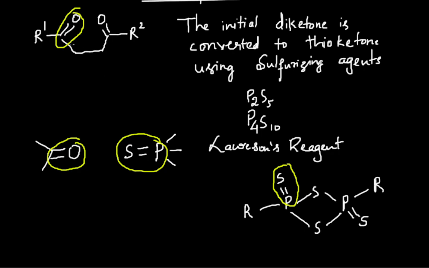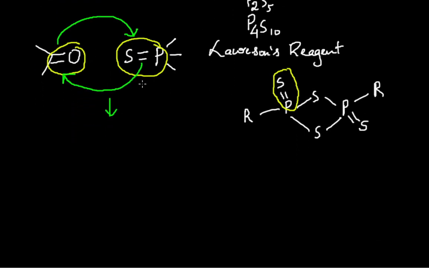That's what I have shown here. First the oxygen will go and attack this. It's a mutual bond opening to form a four-membered cyclic ring here.